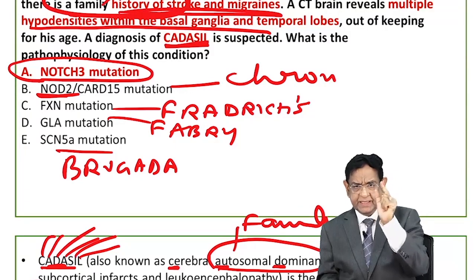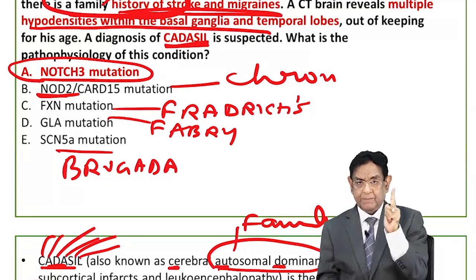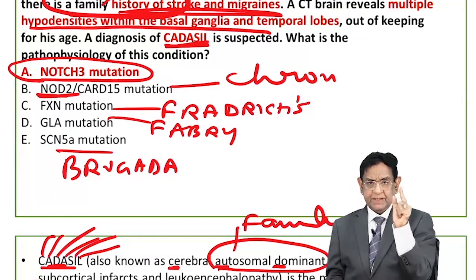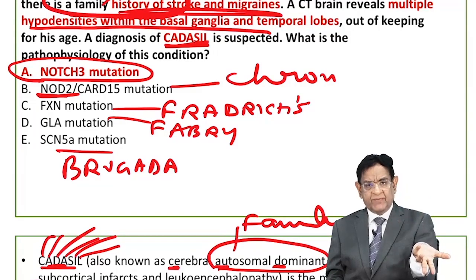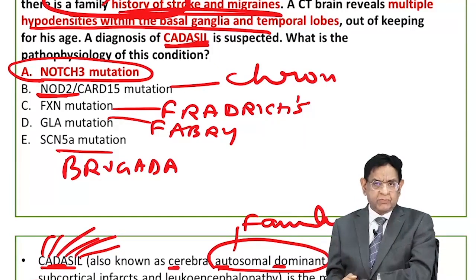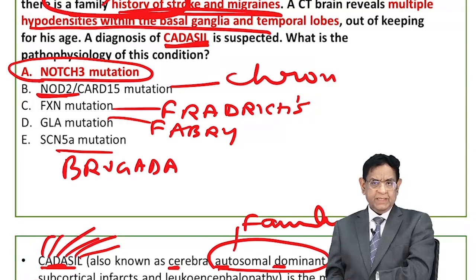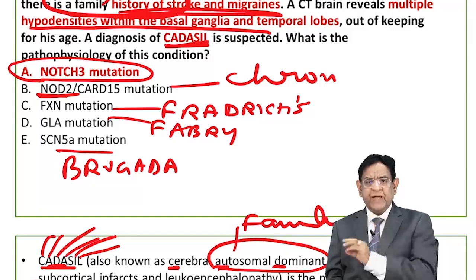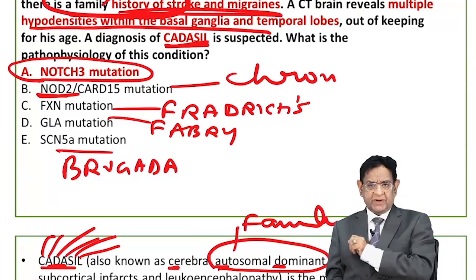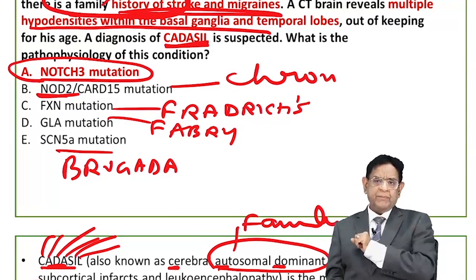If it is normal, that means bleeding is ruled out. Then, if he comes within 4.5 hours, go for thrombolysis as well as mechanical thrombectomy. Third, if he comes after 4.5 hours and between 6 hours, go for thrombectomy.